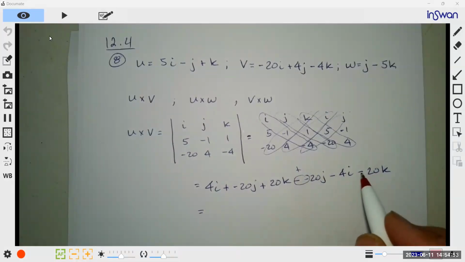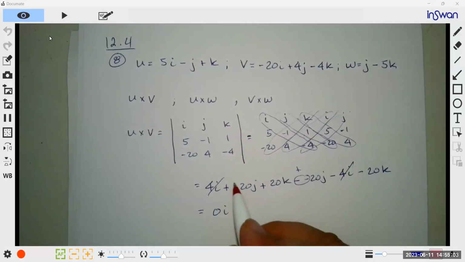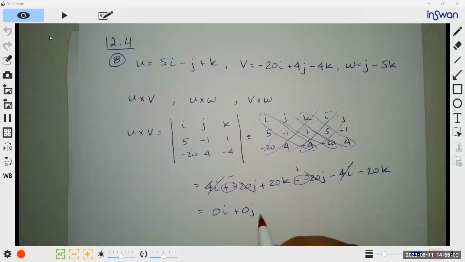So that's a positive. 4i minus 4i is 0i. This becomes negative, negative, positive, 0j, 0k.